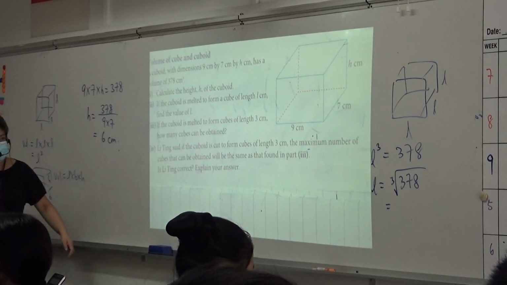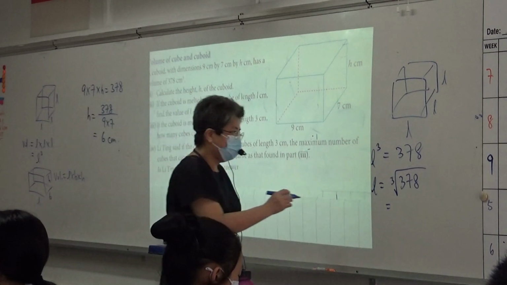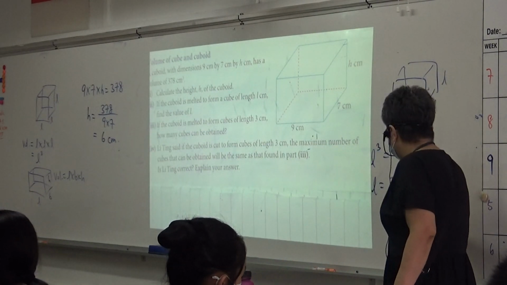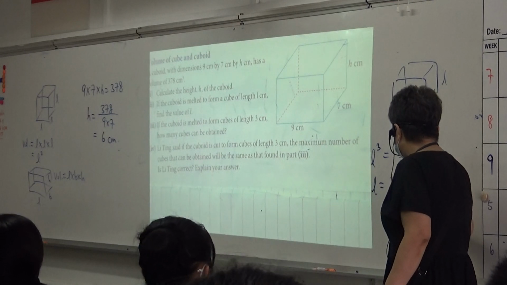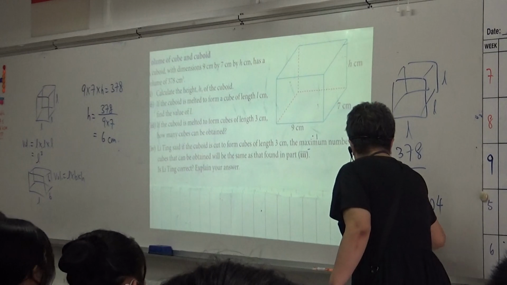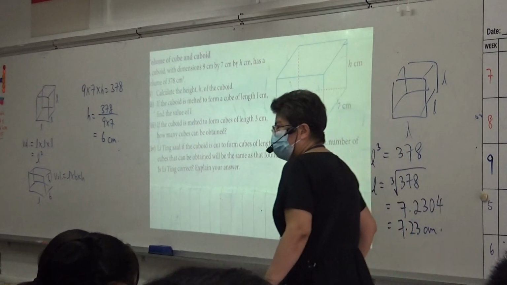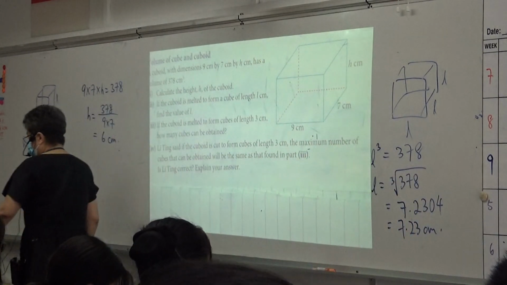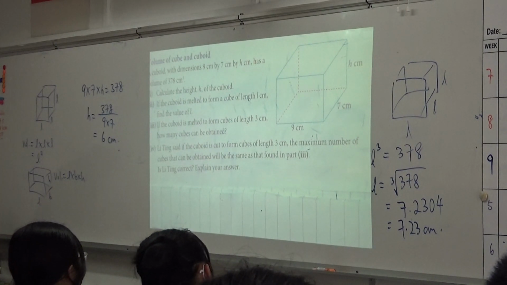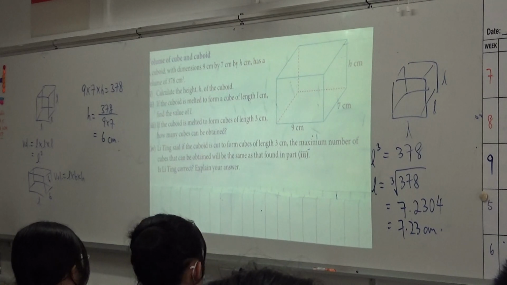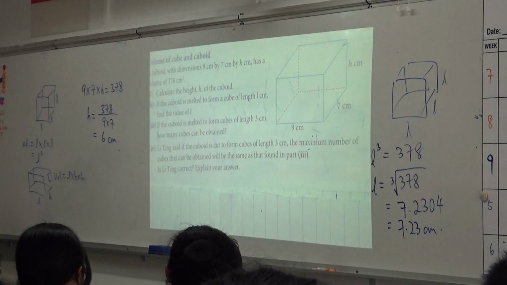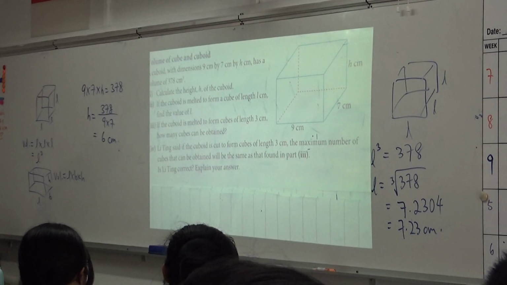Give me to 5 decimal places, truncate first. 7.2304. Truncate, right? So final answer 7.23 cm, right? So that will be the length of the cube. Is this okay? Yes or no? Yes. Okay, good. Next part, part 3.